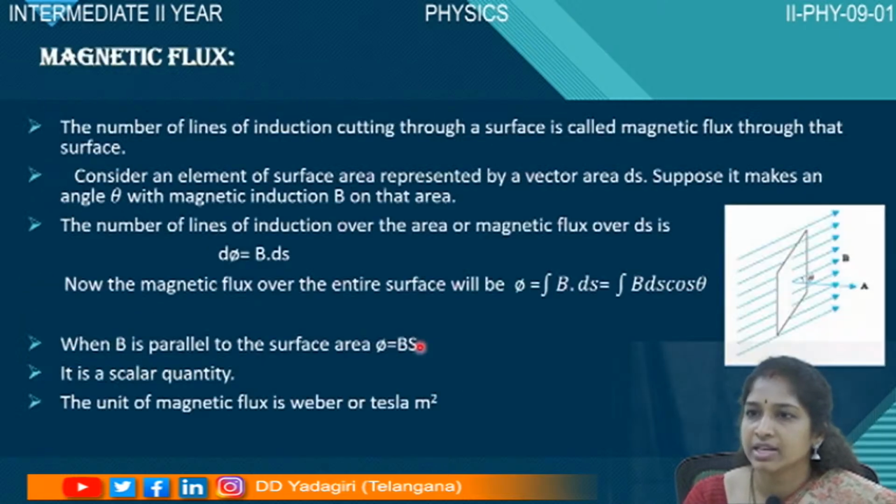We have already discussed flux phi B is the integration of B dot ds. The maximum flux is BS. If I write B dot ds, it is B ds cos theta. That means flux is depending on B, area and angle theta also.